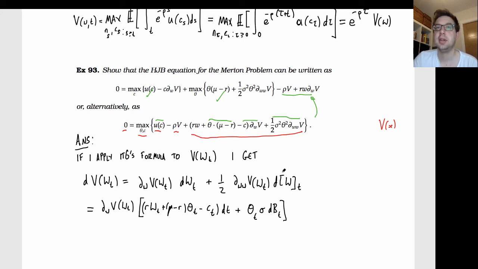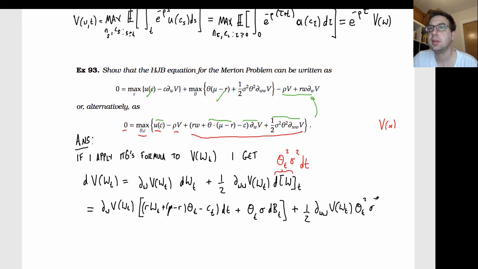So this is going to be theta t squared, sigma squared, and we replace the dBt with dt. So we're going to get plus a half times the second partial derivative with respect to W times theta t squared sigma squared dt.